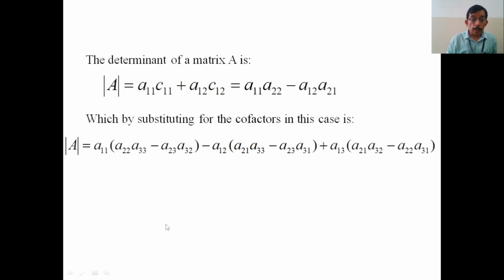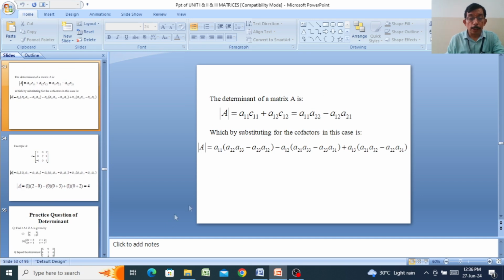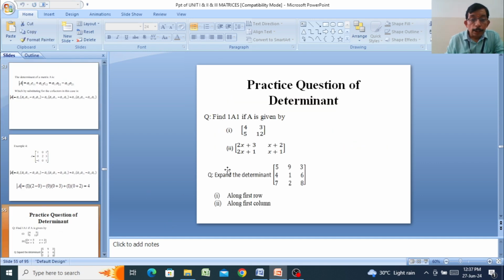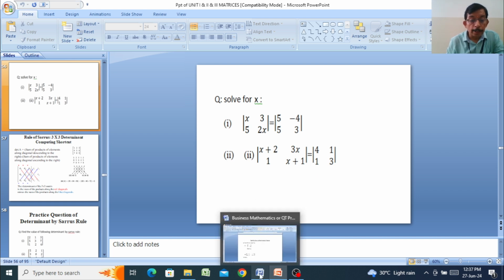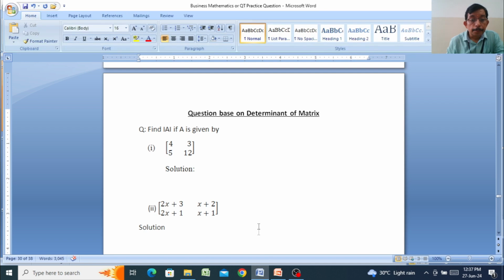Now we come to the practice questions. These are some practice questions on determinants in a Word file. Find the value of the determinant if A is given. This is a 2 by 2 order determinant, and we find its solution. This is the matrix.